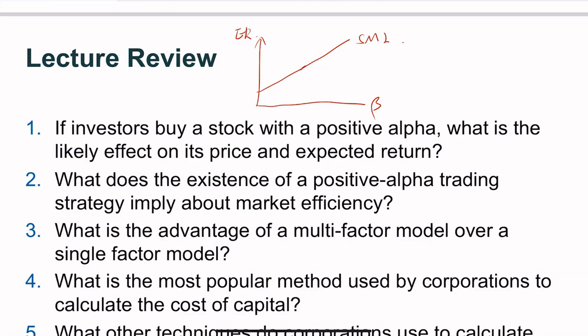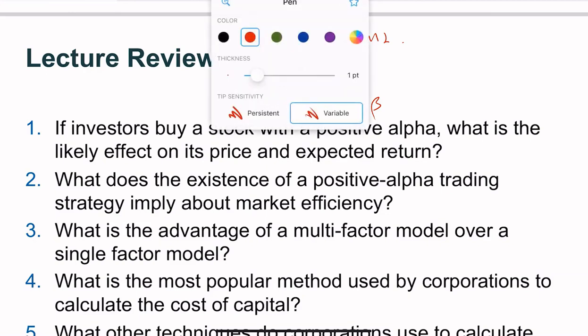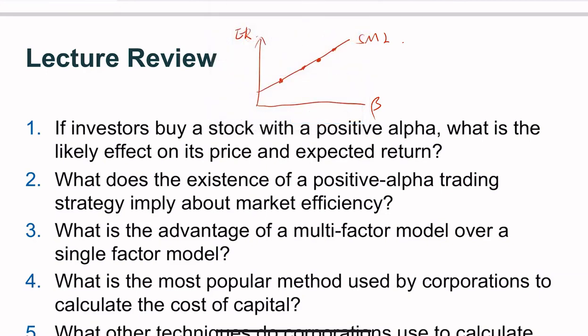Every stock should stay on this line. Let's say now some stock has a positive alpha, and this distance is the positive alpha. Because of the positive alpha, this stock becomes a very attractive investment.